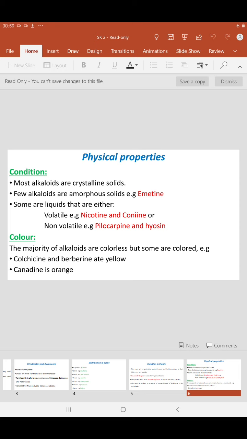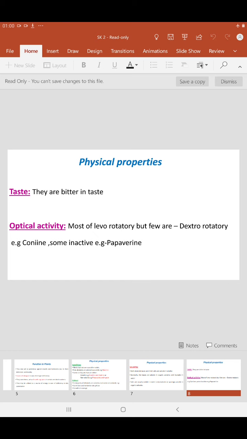Next one, taste. Most of the alkaloids are bitter in taste. Last property, optical activity. Most of the alkaloids are levorotatory, but few are dextrorotatory. Example of a dextrorotatory alkaloid is quinine.